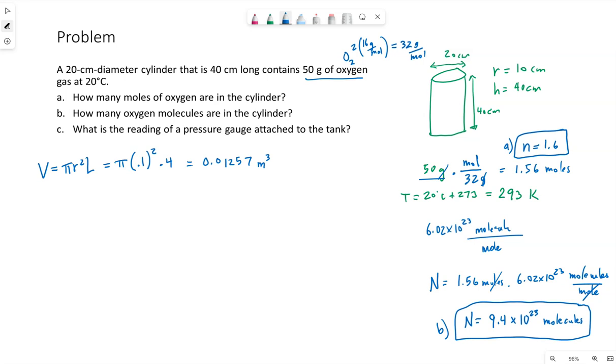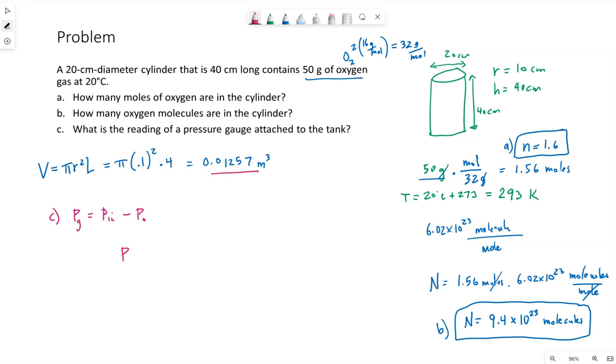Now part C, the reading on a pressure gauge. So gauge pressure is the pressure in the container minus the atmospheric pressure outside. So we need to know the pressure in the container first, and then we can get the gauge pressure. Well, the pressure, we know the volume. I found that first, even though I didn't need it quite yet.